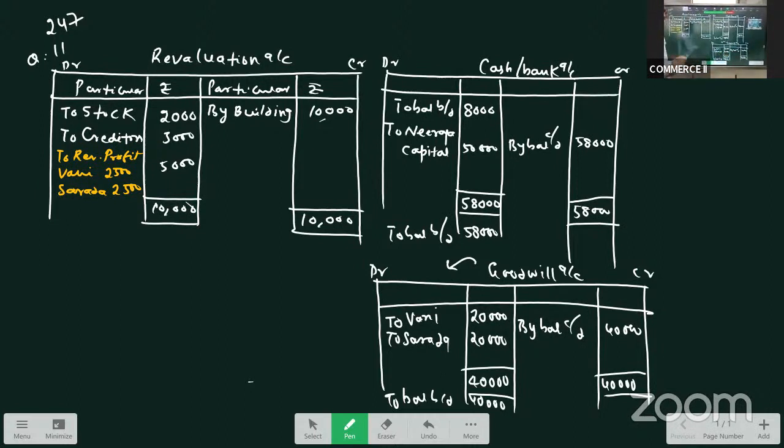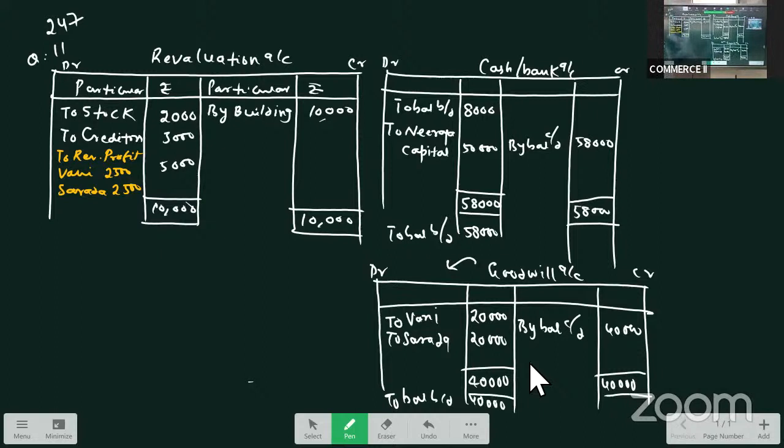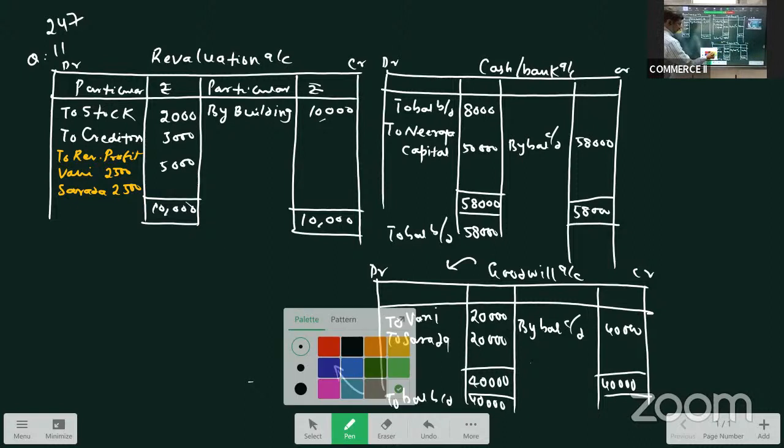But here, goodwill is not introduced in cash. The goodwill account will show a debit balance, so it will appear in the balance sheet. Is this clear? This is the first time we are doing this. Since goodwill is just valued, it shows a debit balance, and as such it has to appear in the balance sheet. We'll write a note for this.